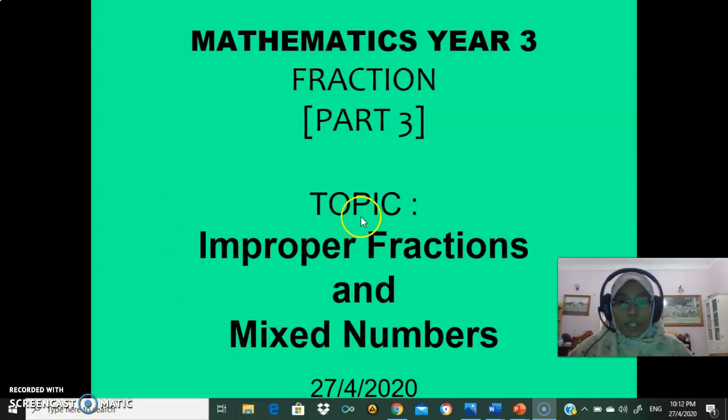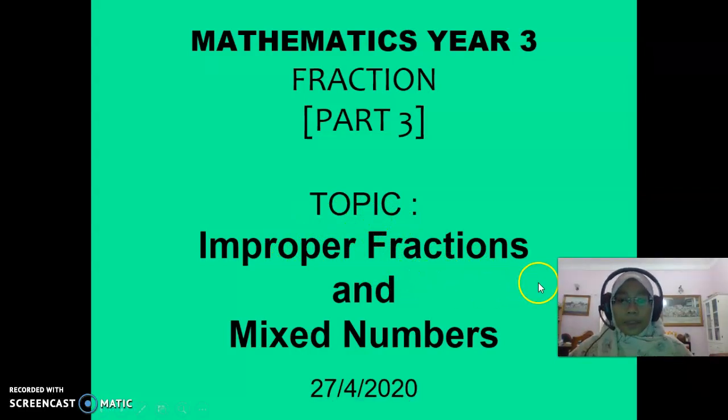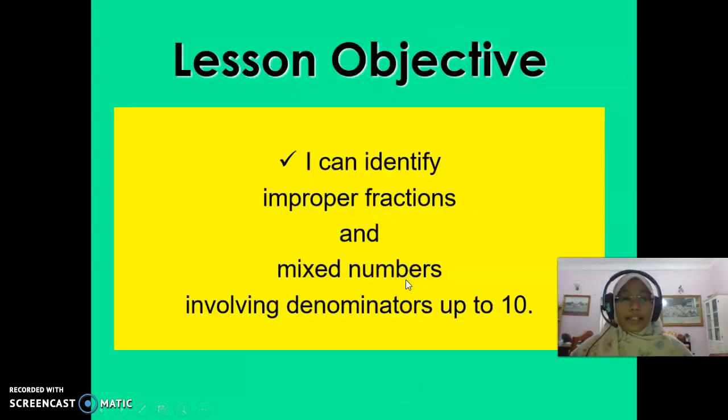Okay, our topic today is improper fractions and mixed numbers. Okay, the lesson objective is you can identify the improper fractions and mixed numbers involving denominators up to 10. Okay, denominators is the number below.